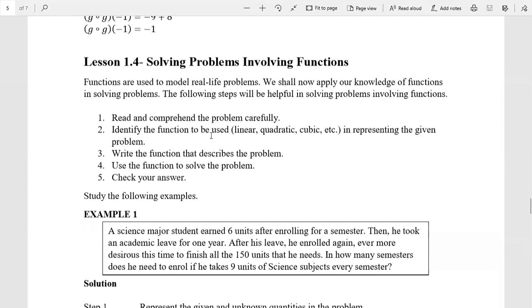Second, identify the function to be used, if it is linear, quadratic, cubic, etc., in representing the given problem. Next, write the function that describes the problem. Use the function to solve the problem, and lastly, check your answer.